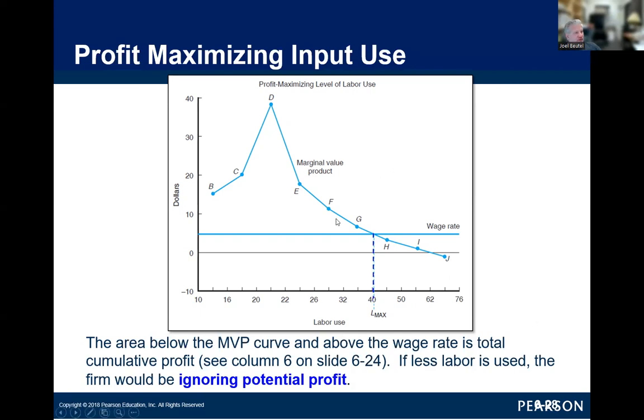And so the total profit is just going to be this area from B, C, D, E, F, G, that curve, down to the wage rate, right? That's our cumulative profit region if we wanted to produce it geometrically through a series of calculating triangles and rectangles and quadrilaterals. If we use less labor, then the firm's ignoring potential profit. If they use more labor, they're losing money.